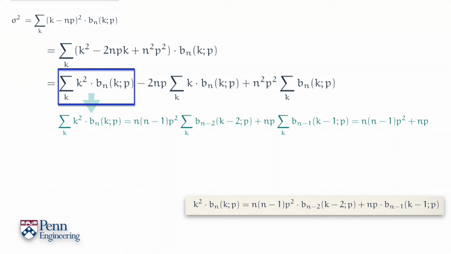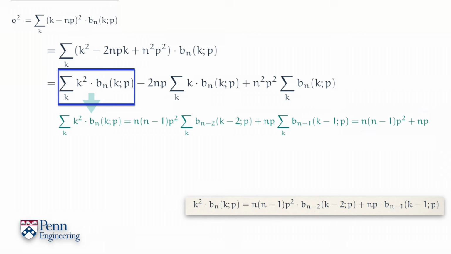But we immediately realize that the binomial probabilities over bn minus 2 add to 1, the binomial probabilities over bn minus 1 add to 1, and so our entire sum of k squared times bn of k sums into a very simple expression. We have a closed form answer: n times n minus 1 p squared plus n times p.